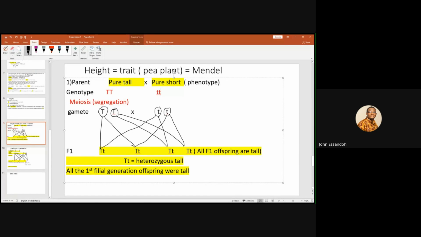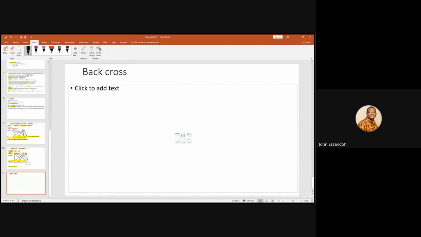Now there is a specific type of back cross. We call it a test cross.